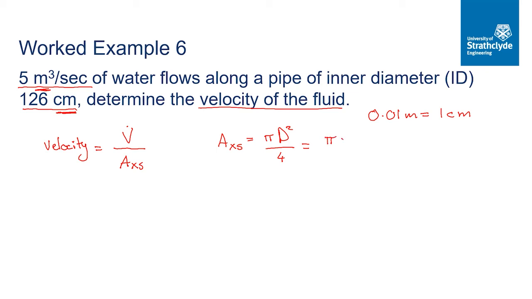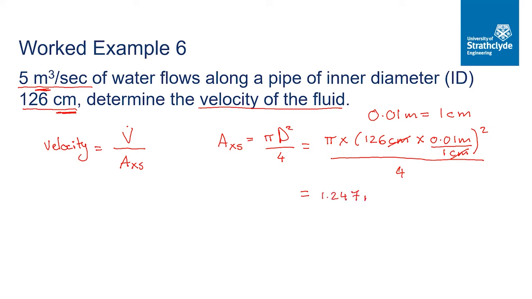So pi multiplied by 126 centimeters multiplied by 0.01 meter divided by 1 centimeter, and now all of this is squared. Of course, our centimeters will cancel out. So this converts into 1.26 meters. And then, of course, we've got to divide through by our 4. And calculating that out, we'll get, of course, the units of meters squared as we anticipated, 1.247 meters squared.